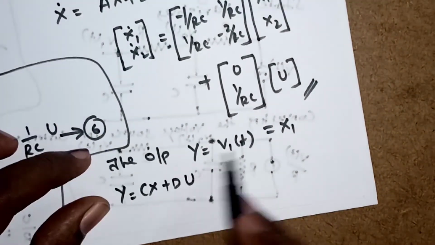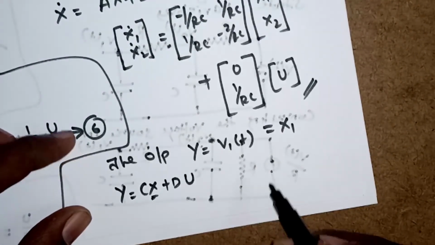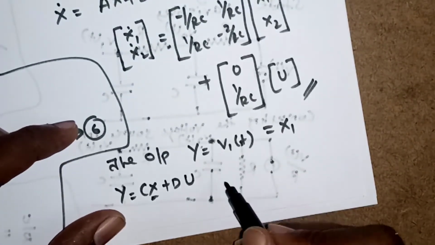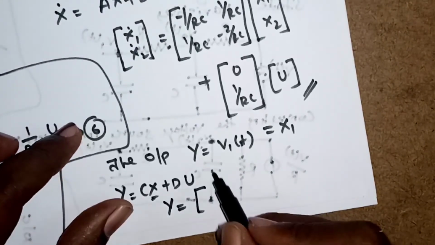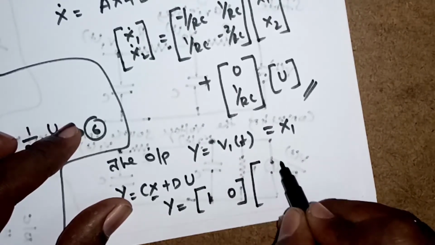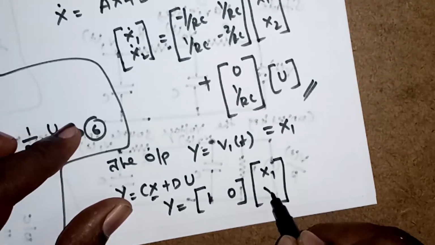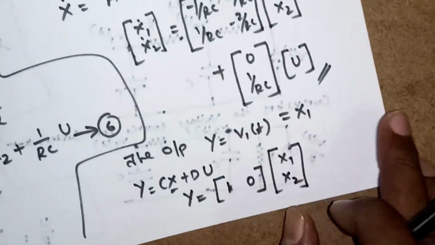We have only the x term, and the coefficient of that is only x1. So we write y is equal to 1 0, and the state vector is x1 x2, only x1 is the output. Now we are going to write the state model for this.